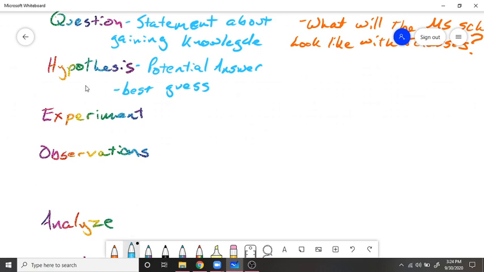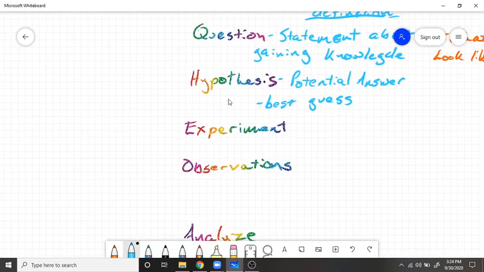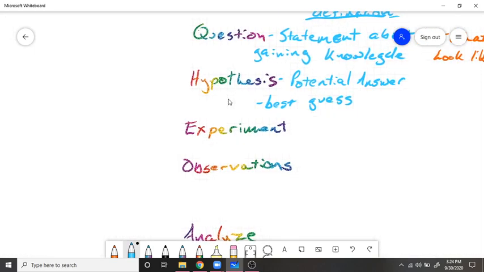Hypotheses come in 3 flavors. You have your basic hypothesis. You step outside, you look up at the sky, you think, oh, I hypothesize that it's going to rain today because it's cloudy. That's your best guess about what's going to happen.